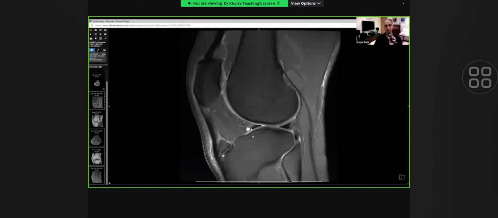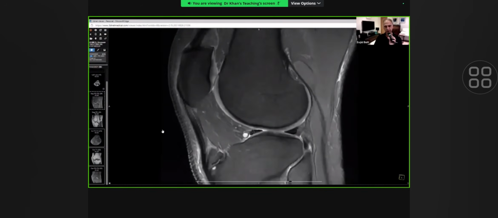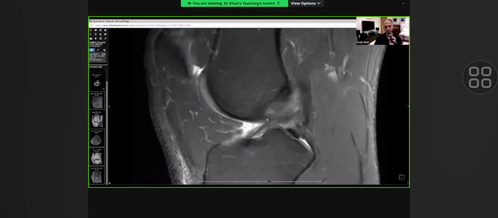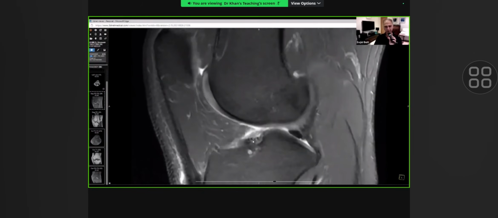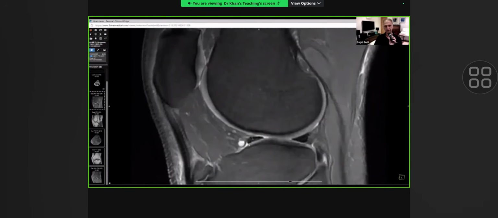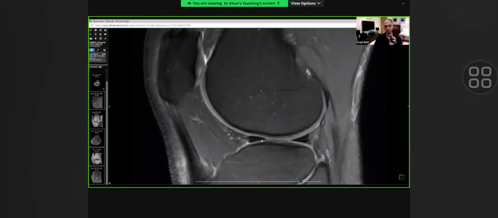As you come towards the central part, notice there's a little ganglion cyst here. And what I showed you earlier, that the anterior horn of lateral meniscus can be a bit feathery, like you see here. That's normal, because it's got fibers of ACL interdigitating with it. So don't call that a tear. Yes, there is a little ganglion cyst, but there's no tear.